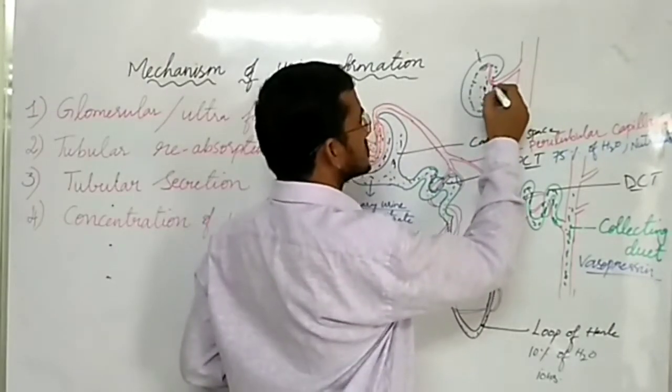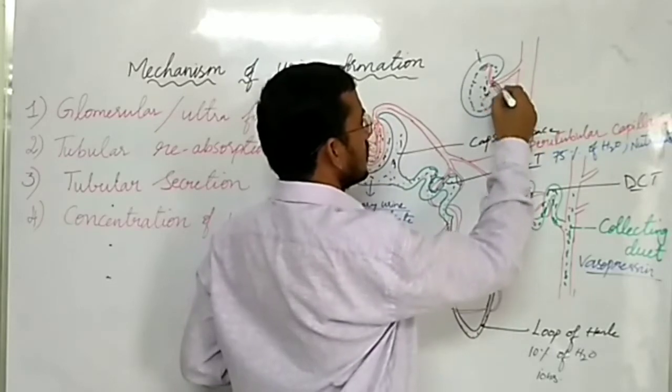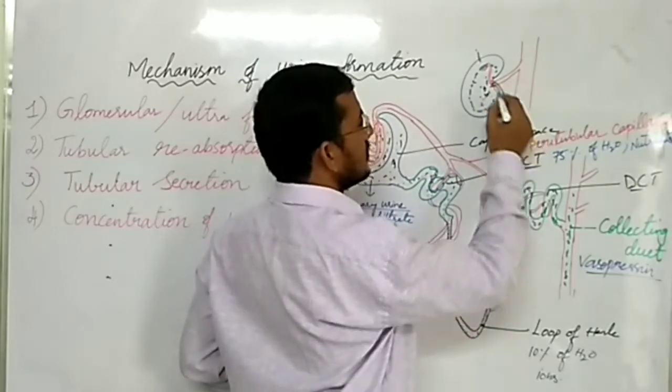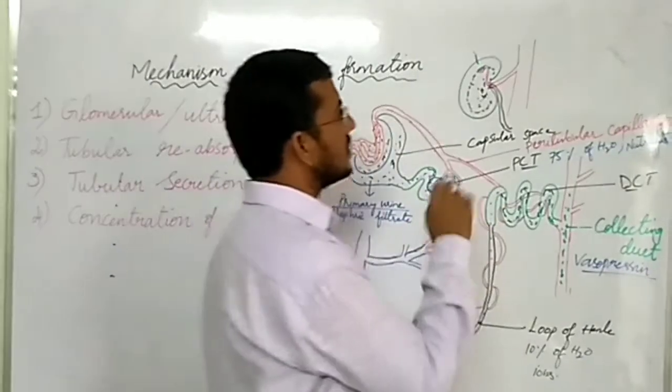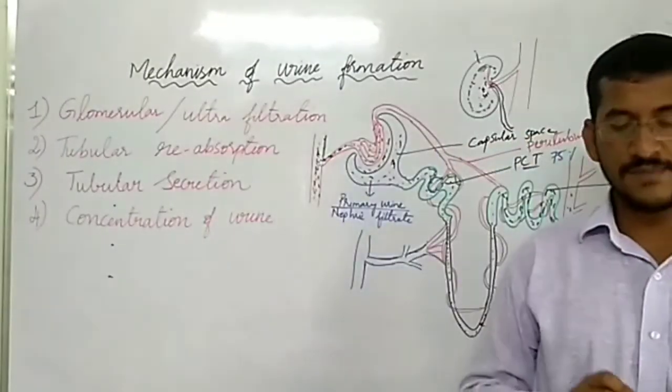From pelvis it enters into the ureter, from ureter into the urinary bladder, and from the urinary bladder it comes out.